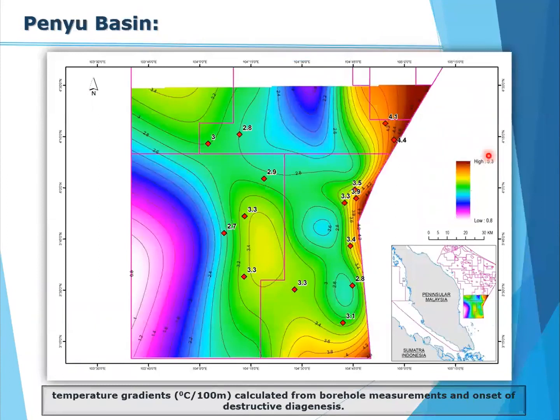And this is another map which we made in the Penyo Basin area on the border with Indonesia also. We see here that the temperature gradient in a relatively small area is widely varying, and driven by geology.